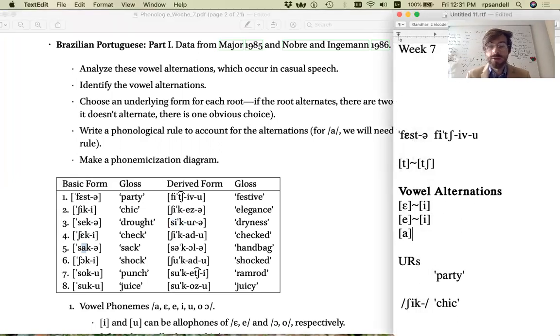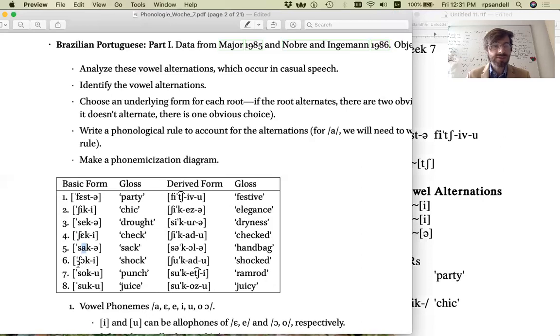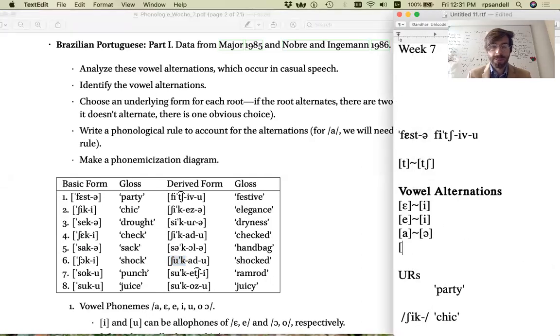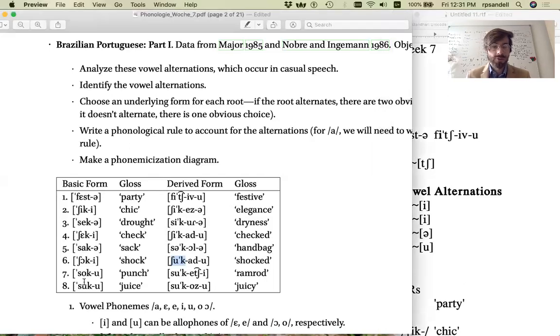So that's a new alternation that we haven't yet encountered, an alternation between a and a schwa. In 6, we have an o in the root, which becomes an u, so shoki alongside shukadu. So the alternation there is between o and u. 7 shows an alternation between o and u, soku and sukechi.